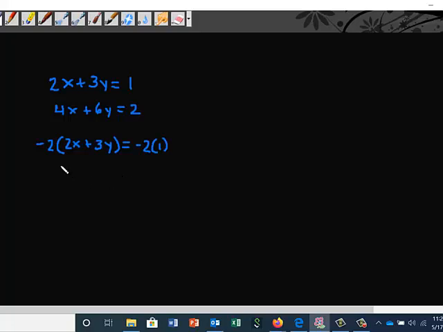Opposite of one another. So we use the distributive property: negative 4x minus 6y is equal to negative 2. And here we have, this is equation 2, plus 4x plus 6y is equal to 2. So look at this.